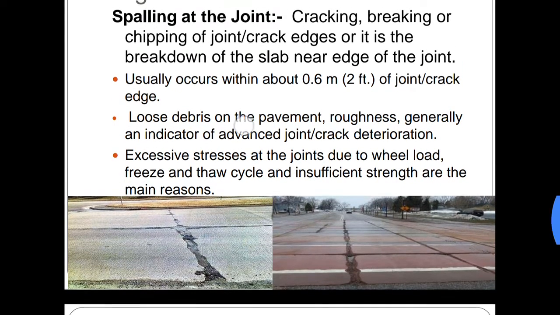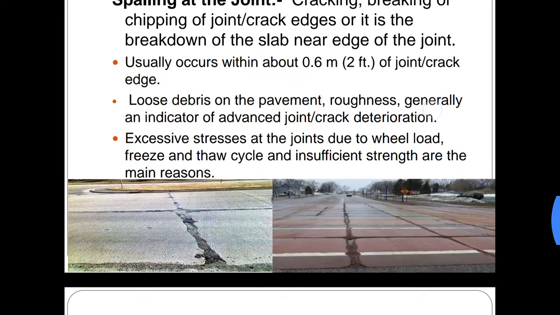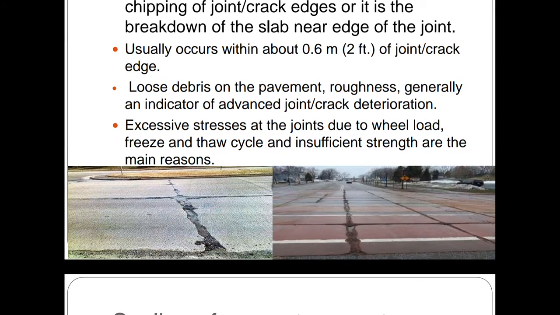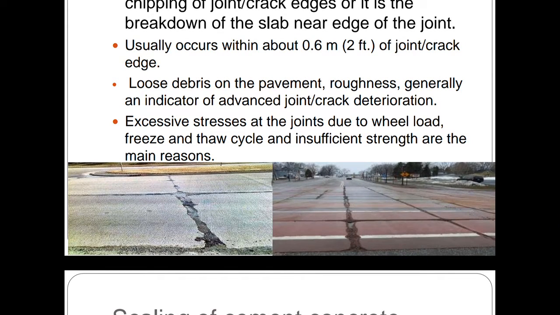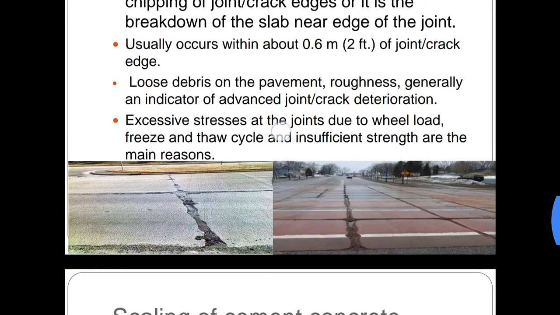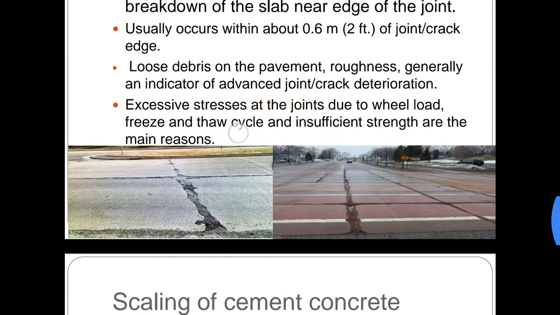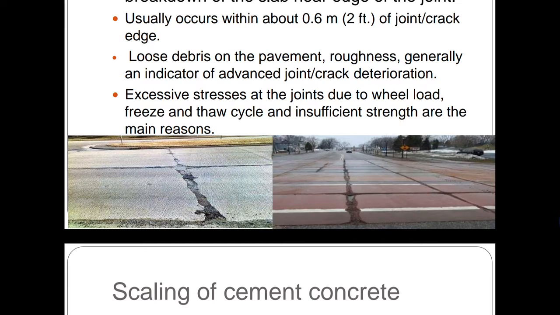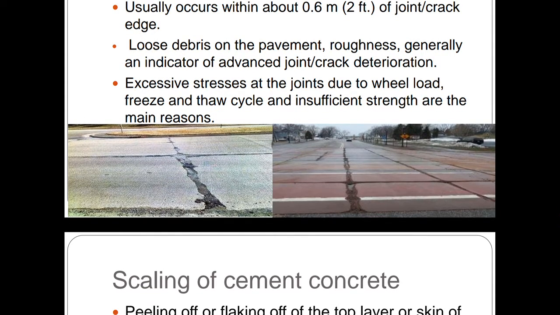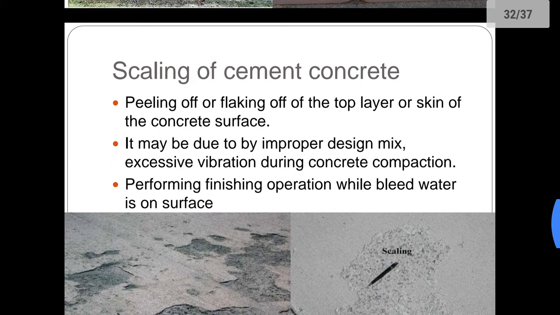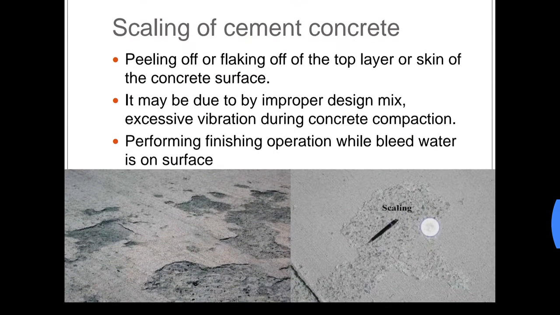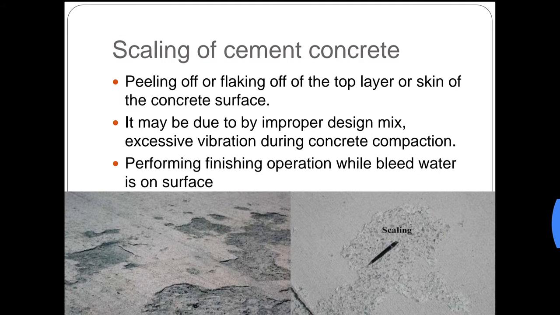Loose debris on the pavement and roughness are generally an indicator of advanced joint crack deterioration. Excessive stresses at the joints due to wheel load, freeze and thaw cycle, and insufficient strength are the main reasons for this type of defect. Then we have scaling of cement concrete.